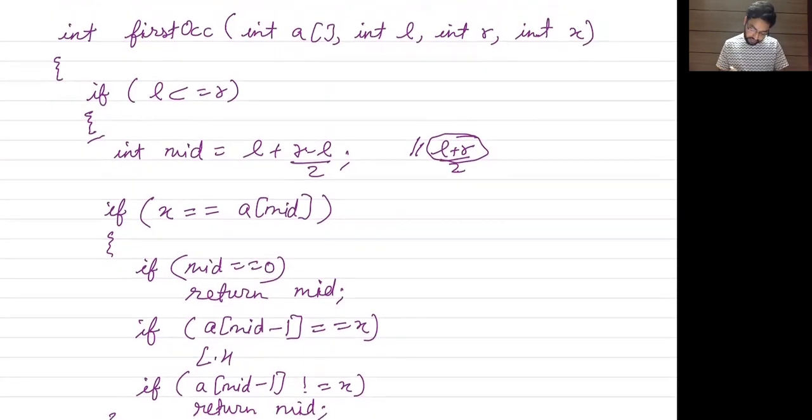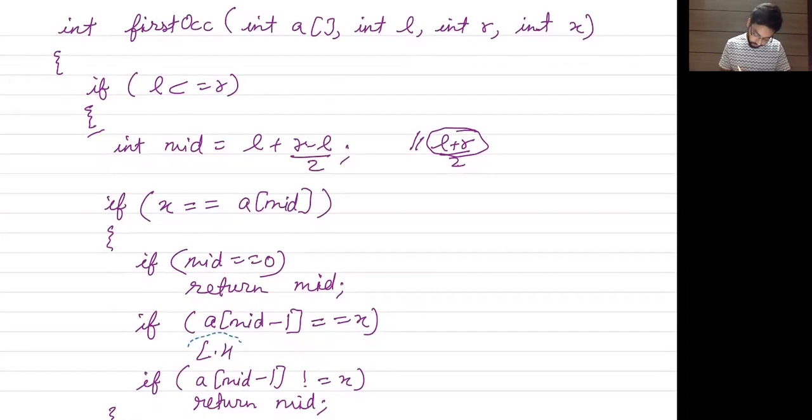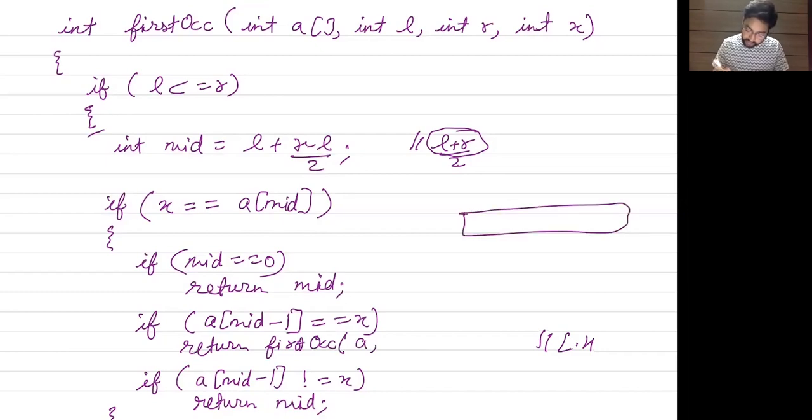All right, so if the solution lies in the left half, what we need to return is the first occurrence of the left subarray. Now check this array once again. This is the mid element, this is L, this is R. The element on its left is mid -1, and this is mid +1.